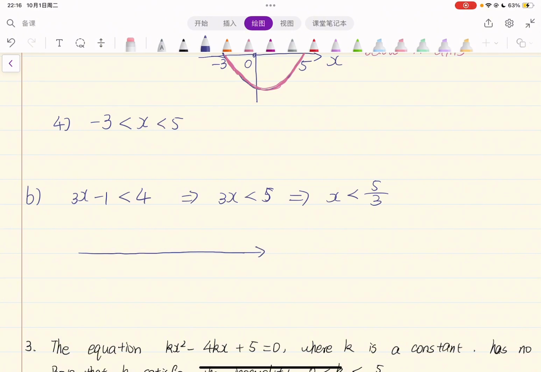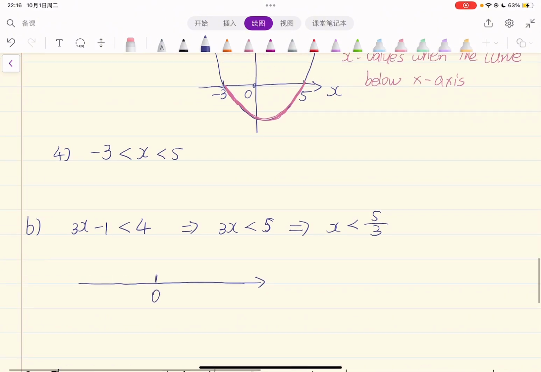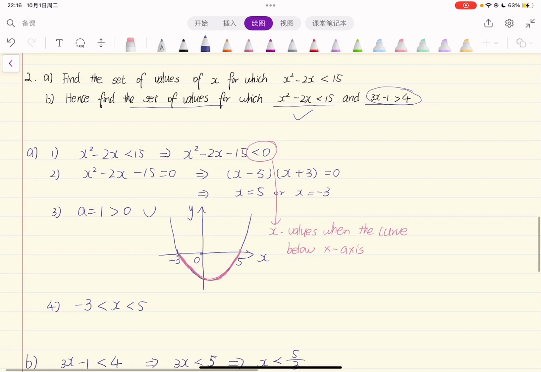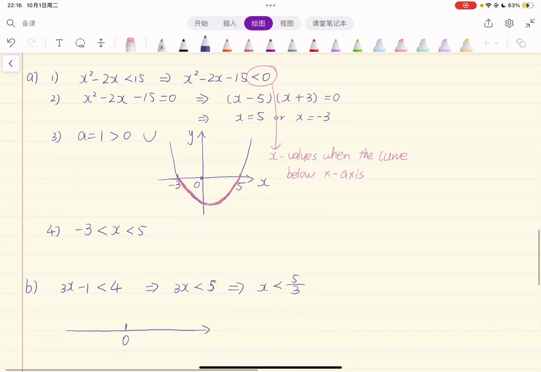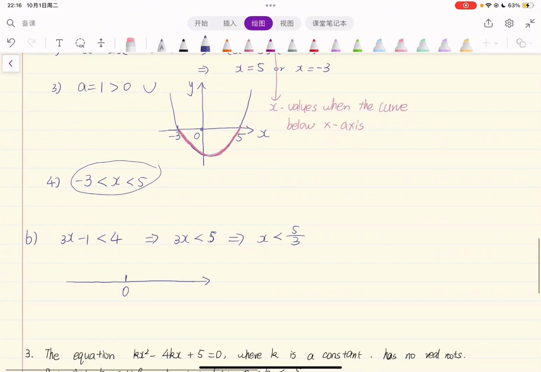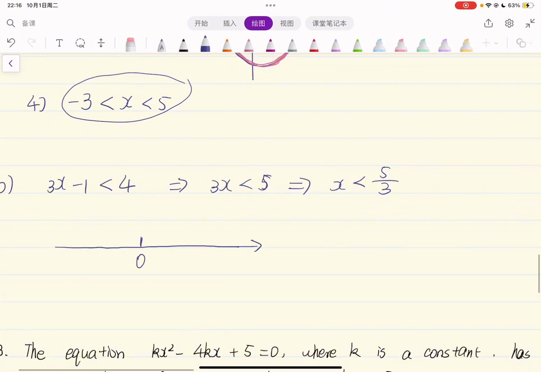So here is the number line. There's 0. From the first inequality, which is the quadratic inequality, we get x greater than minus 3 and less than 5. So we draw that. Here is 5 and here is minus 3. So it's this part, right? And then from the linear inequality, we get x less than 5/3.